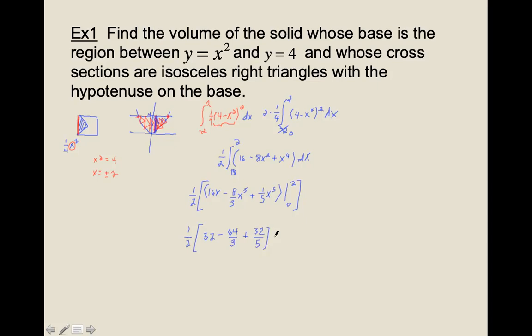Oh, and I could have put my minus 0. Notice I skipped that step. This is minus 0 in here somewhere. Should I have that? If that helps you. We evaluated at 0. And so I end up with my final answer. I'll do that real quick. Grab the old calculator. Don't forget you have to multiply by that 1/2 at the end.